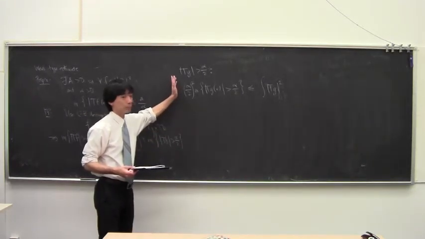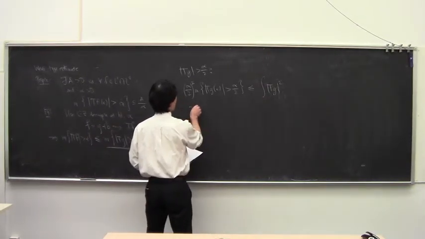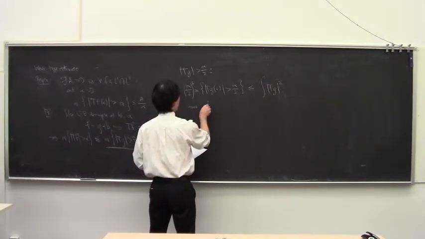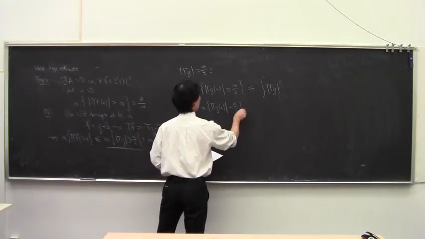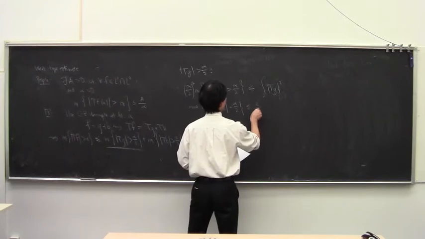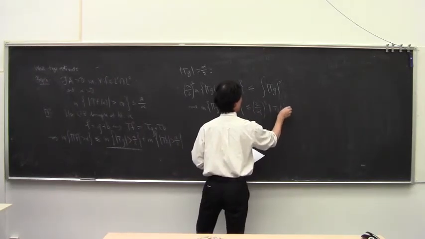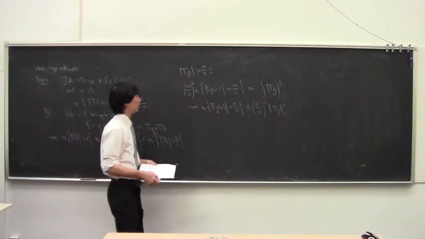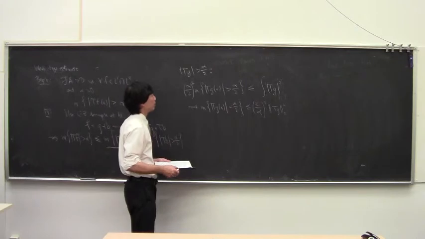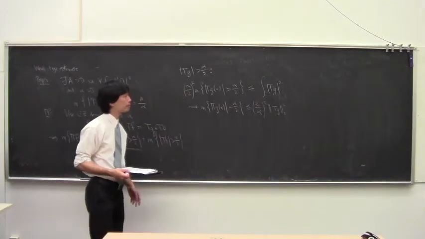This is the Chebyshev inequality. Chebyshev's inequality says that this thing is controlled by 2 over alpha squared and the L2 norm squared. So this is Chebyshev's inequality.